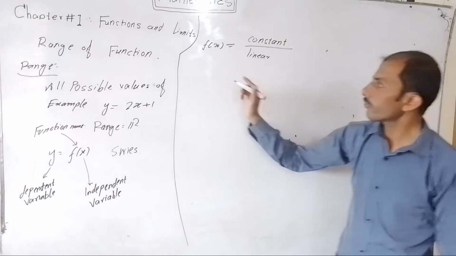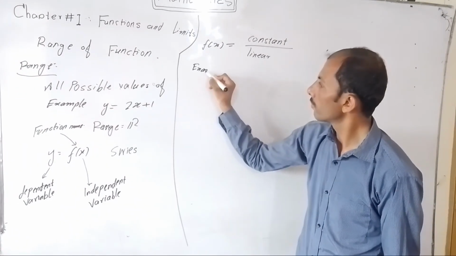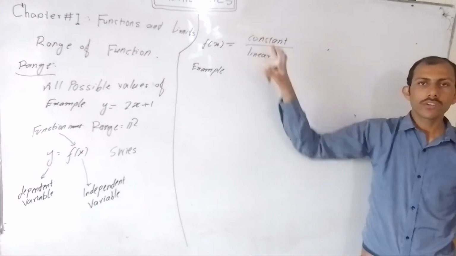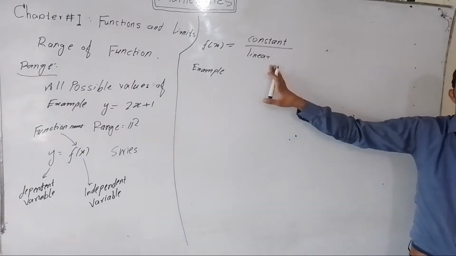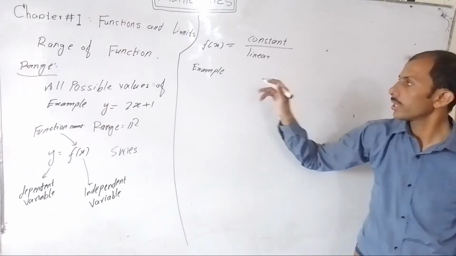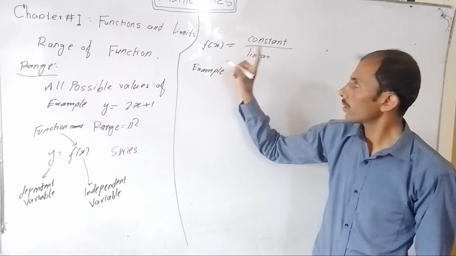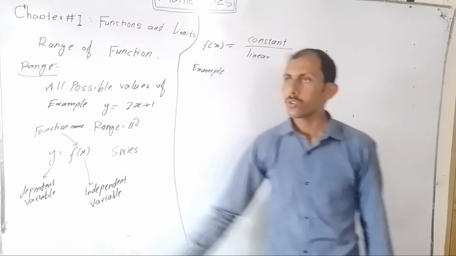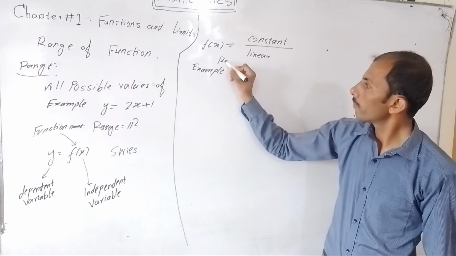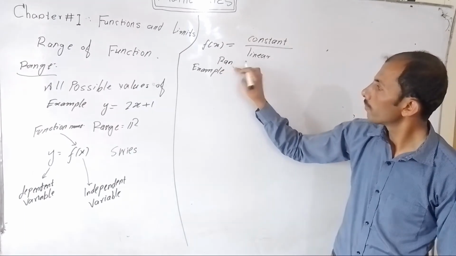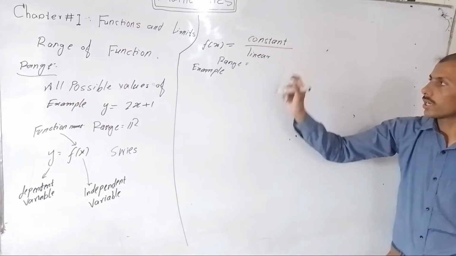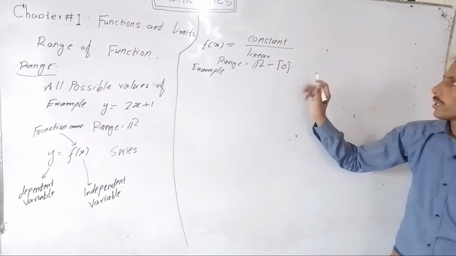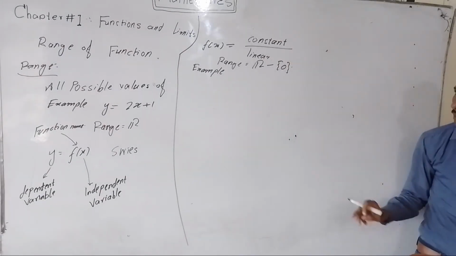For example, f of x is equal to a constant over a linear function. Domain of a constant over linear function, and range of this function is equal to all real numbers other than 0 in case of constant over linear.